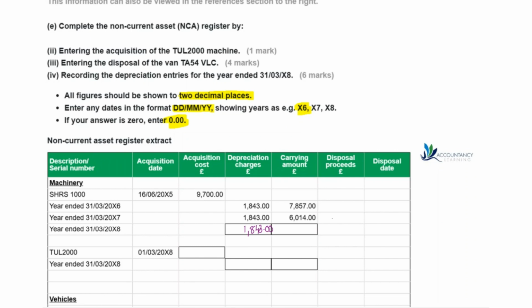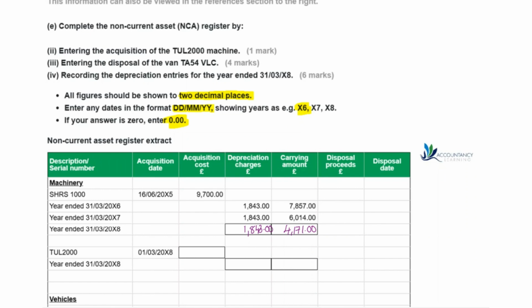Our carrying amount will be the £6,014 less the depreciation, £4,171 as the carrying amount at the end of the year for that machine.